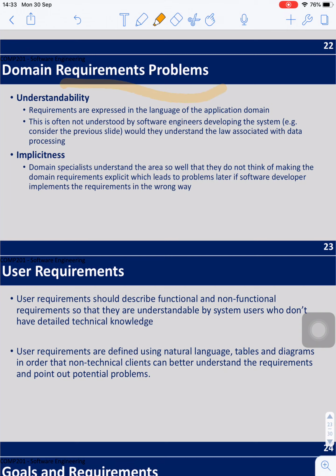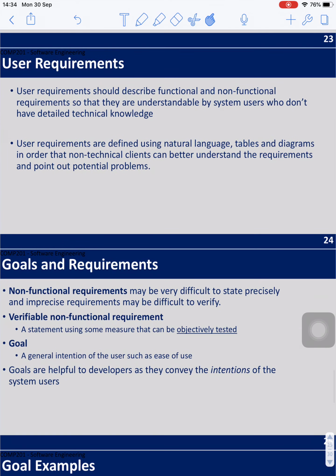Domain requirements have two main problems. One is understandability: some programmers do not know some things talked about by the doctors, and some words are understood with common sense within this domain but are not very explicit for our programmers. And the user requirement should describe the functional and non-functional requirements so that they are understandable by the system users who do not have the technical knowledge.